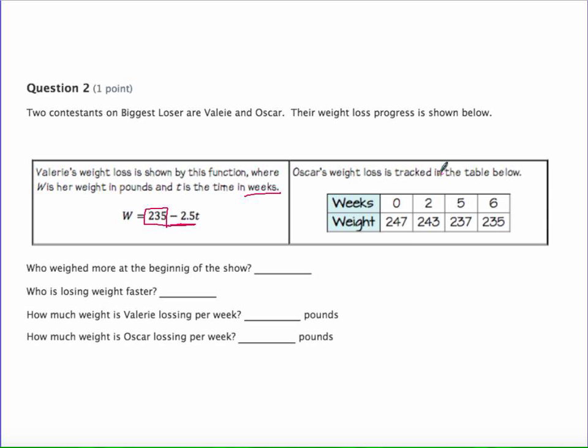For Oscar's weight, if I wanted to find the slope, I'll find the changes in y over the changes in x. So this is down 4, then from 4 down 6, and this is down 2. This is over 2, over 3, and then over 1.